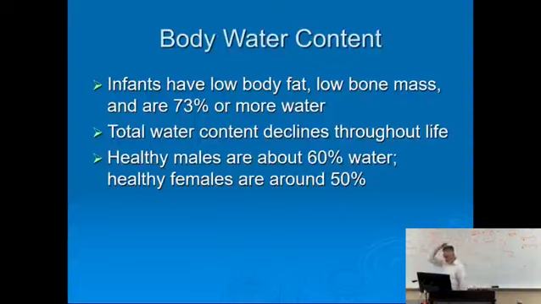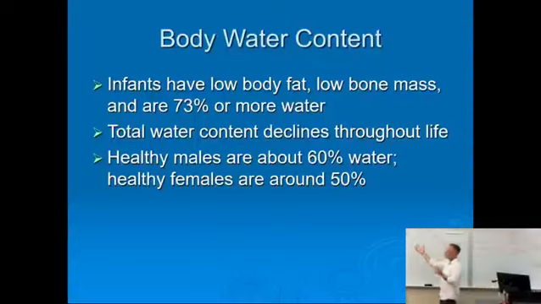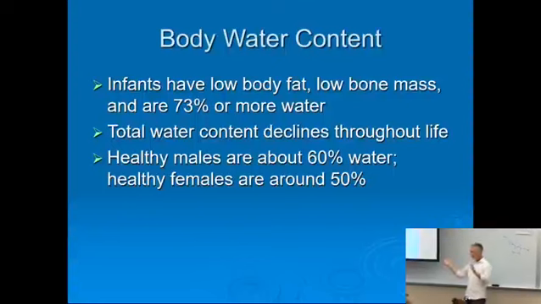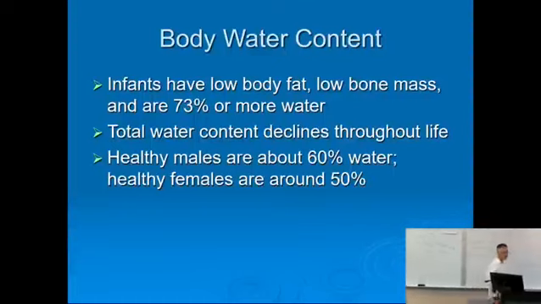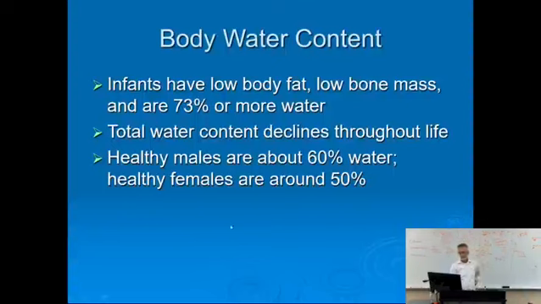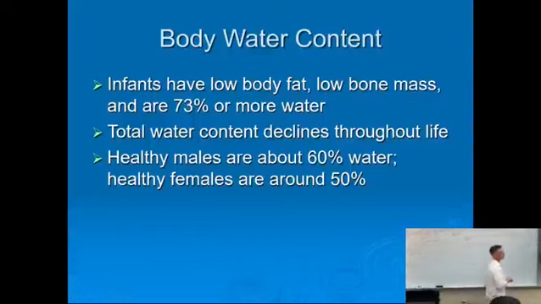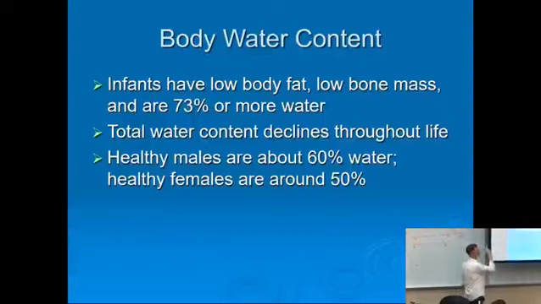So a lot of water inside the body, and the distribution and amount of it changes depending on what stage of life you are, etc. So, for instance, when you are an infant, you tend to be kind of a little bit different level of water compared to other stages of life. In infants, you have a fluid diet, basically.